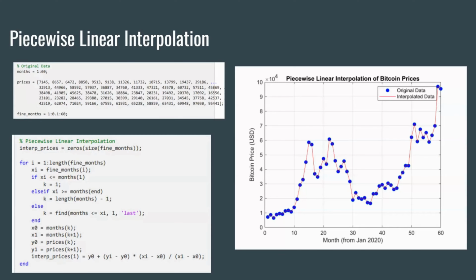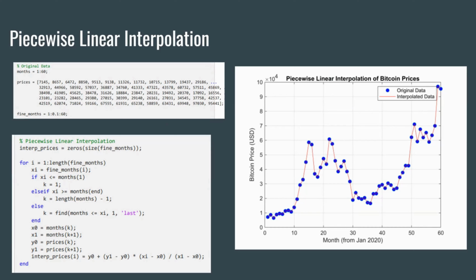This is the code that we used. It is written in MATLAB. We decided to use it because it's just something that we are familiar with. On the top left, we separated the data into 60 months, which is 12 months out of the 5 years, and each number up there is the average price Bitcoin hit in that month.